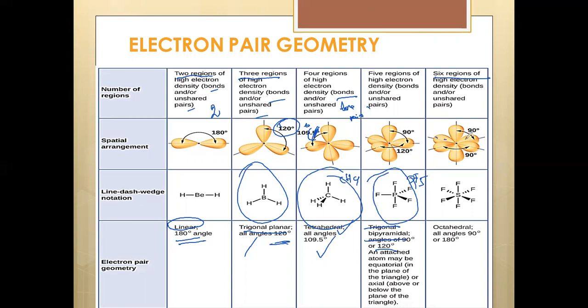I said four repulsive units are on the plane, at 90 degrees, and the other two repulsive units are perpendicular to that plane, also at 90 degrees. Ultimately we have SF6, sulfur hexafluoride, which is also octahedral, with 90 degrees altogether. This is a summary of your electron pair geometry.